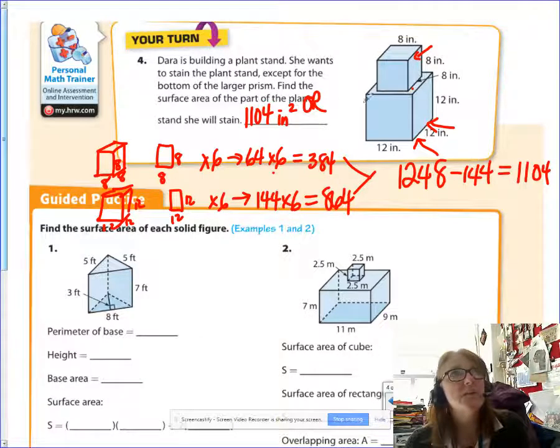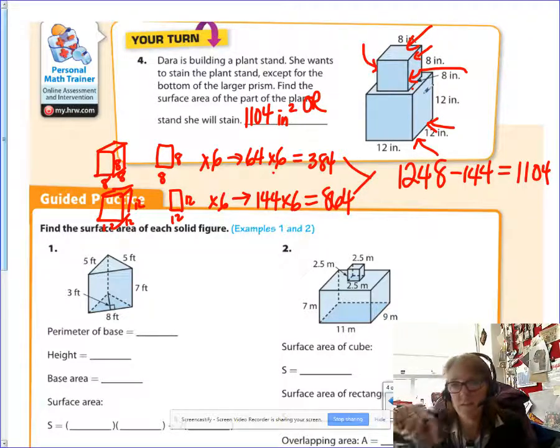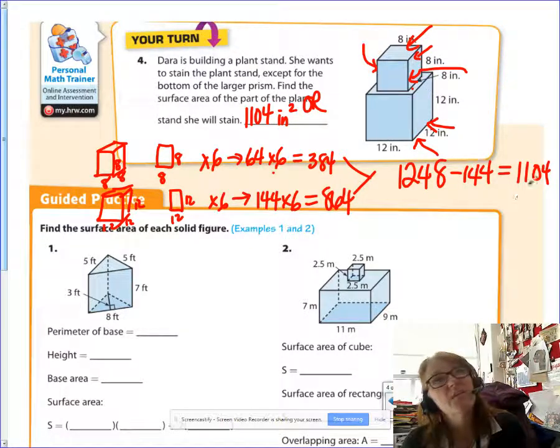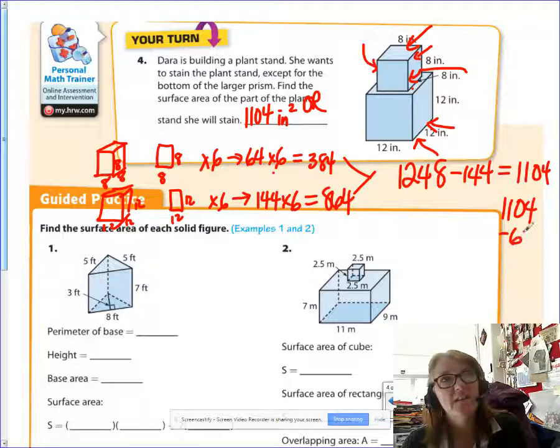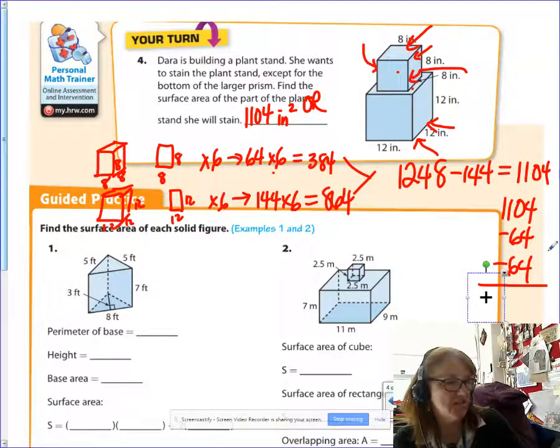Or if we subtract out what's being covered underneath there by this, then I'd have to take off 2 64s. I'd take off the bottom of this and then the top of this one that's not exposed on the perimeter. So if we take off from 1104 and subtract off the 64, that's the bottom of the baby cube, and take off another 64, that's the corresponding top of the big cube, let's see what you get.